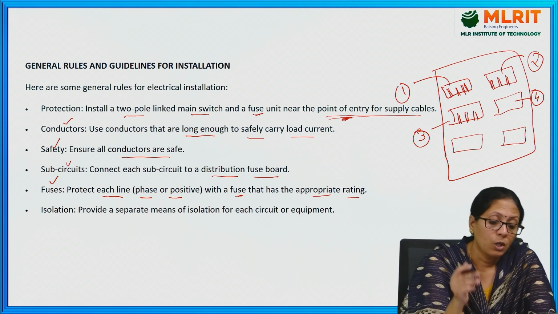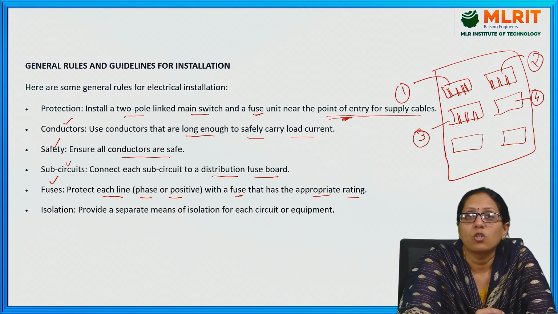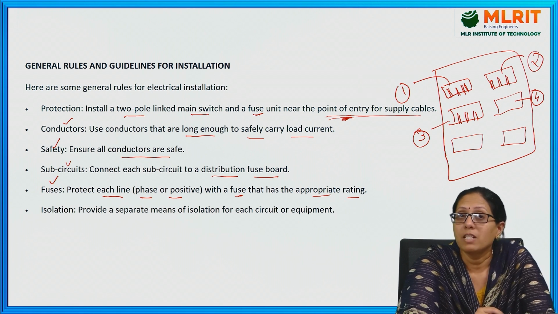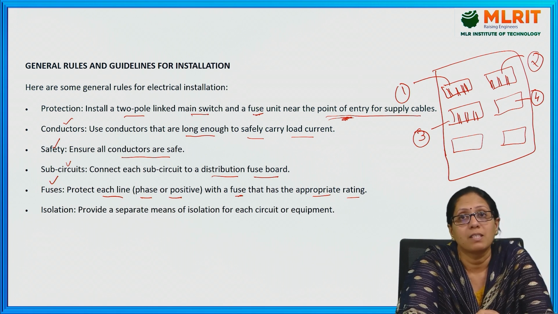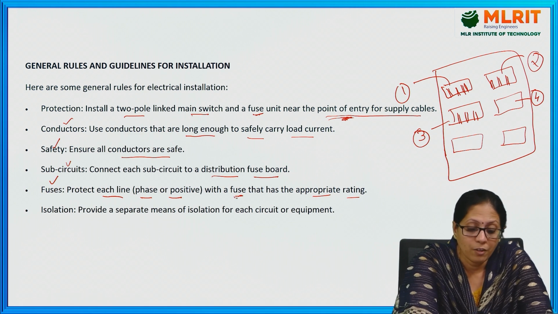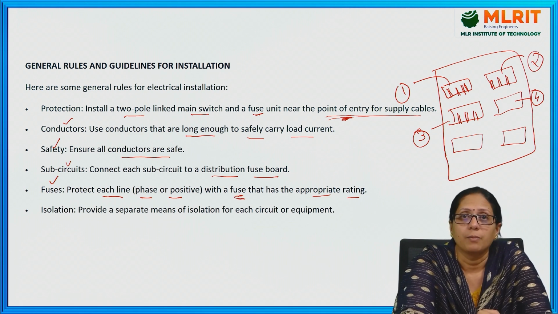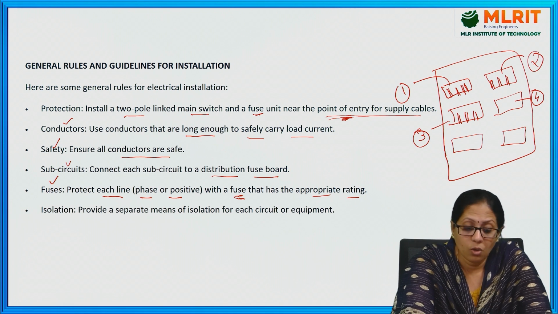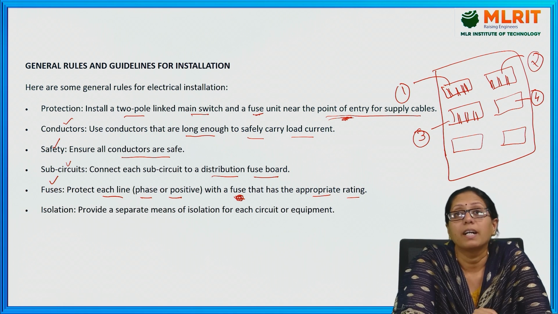That means, to this particular line, based on the maximum capacity of the load connected to it, a fuse should be connected. So the fuse always depends upon the load which is connected to the line.